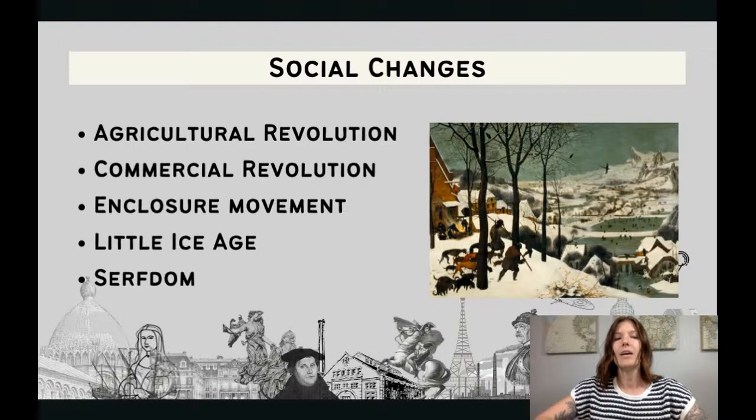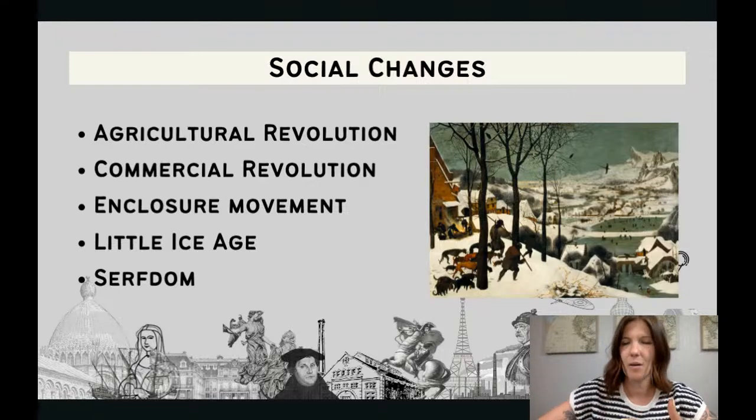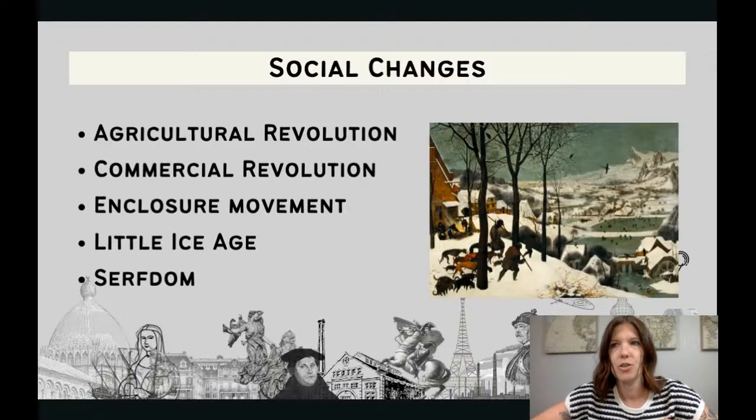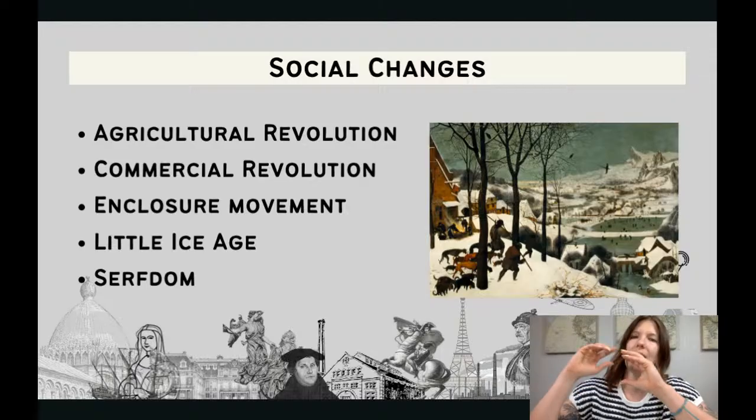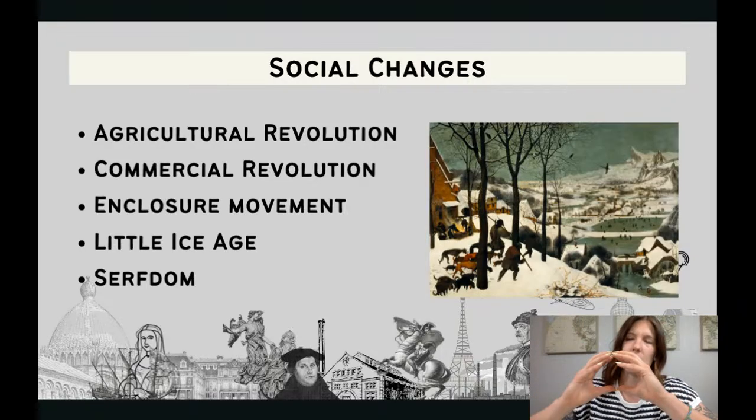The enclosure movement happens throughout this time period. I think we most commonly talk about it when we talk about the Industrial Revolution. But in the Middle Ages in Europe, if you think about feudal farms, you have a shared common pasture that everyone in your village would grow their crops on and feed their animals on.